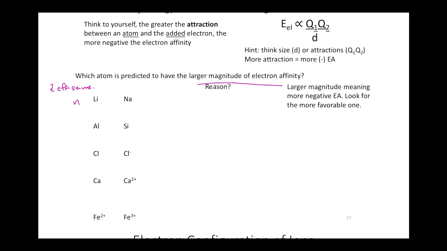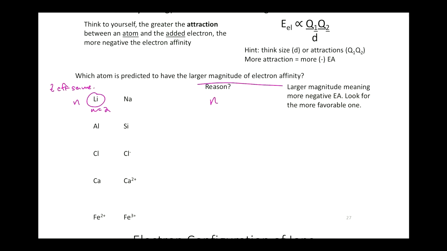So in which atom can we bring the electron closer to the nucleus? Lithium, because it's smaller. Where the electron goes will be in the valence shell that's smaller. And so in this case, it's lithium, right? Because lithium is N equals 2. Yeah, okay. All right, so the reason is N.